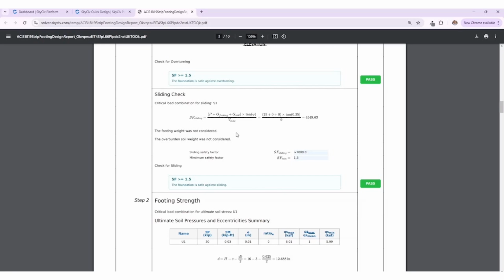The calculator uses the user inputs for the minimum safety factor for sliding and checks if it exceeds the sliding safety factor. You can see that the sliding safety factor is greater than 1.5, so the foundation is safe against sliding and we received a passing result.